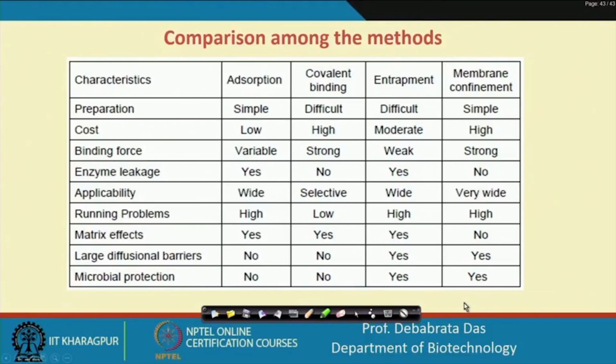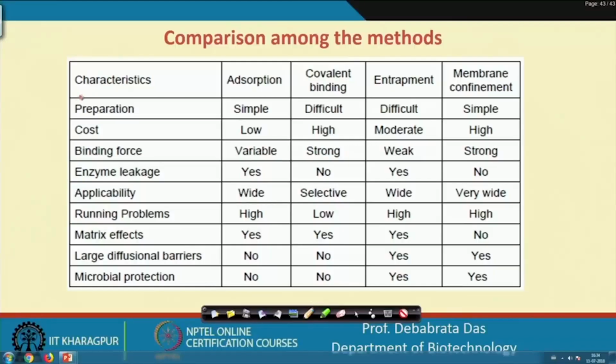Now, when we select the immobilization method for the immobilization of the enzymes, it depends on the characteristics. What kind of characteristics are we really looking for? Here I want to stress one very important thing: all immobilization techniques are not suitable for all enzymes.